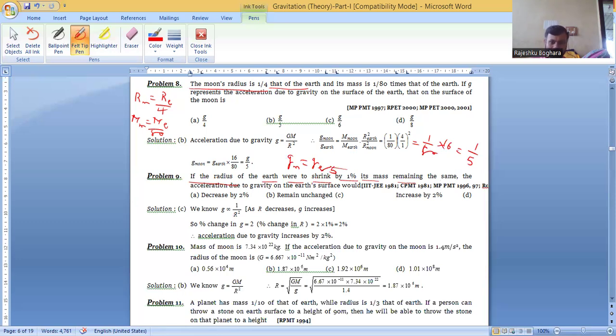Now the change is 1%, so we can write delta g by g is equal to 2 delta R by R. Now multiply g by g into 100%, so this is the 1% change, so we take 2%. Shrink means the radius decreases, so g will increase by 2%. So the answer is C.